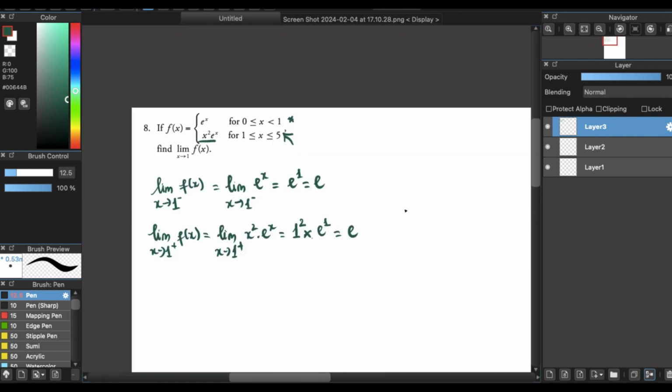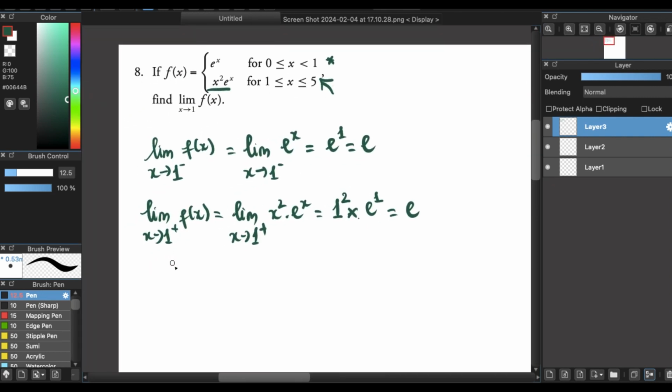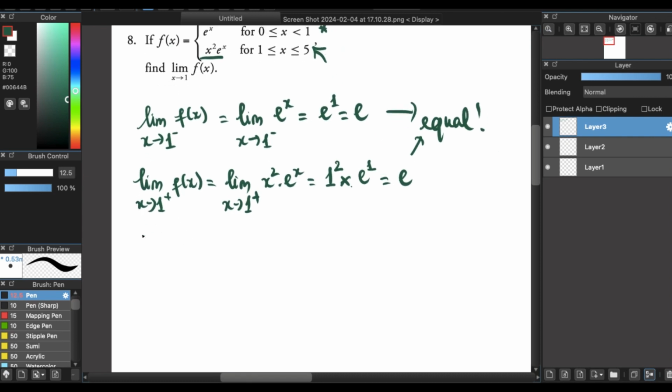As you can notice, the limits from both sides are equal, right? They're equal, which is a good thing because it proves that the limit when x reaches 1 exists and it's equal to e.